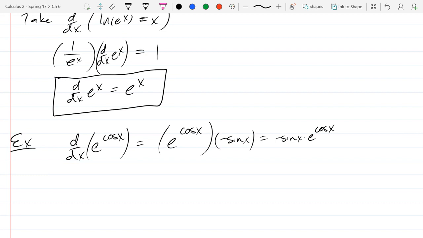So your derivative is just the function itself, e to the cos x, times the chain rule, which is the derivative of cos x, and that's negative sine x. So that's all that's happening right there.